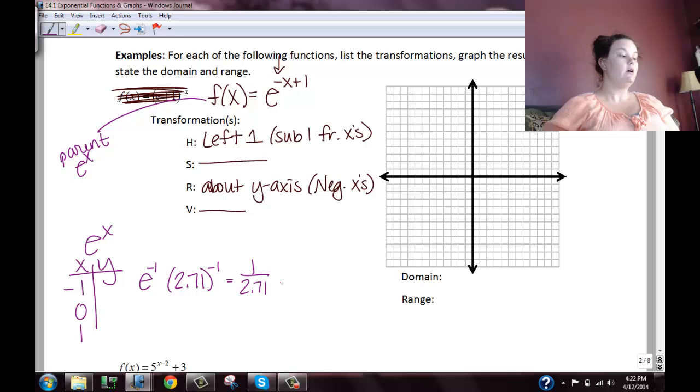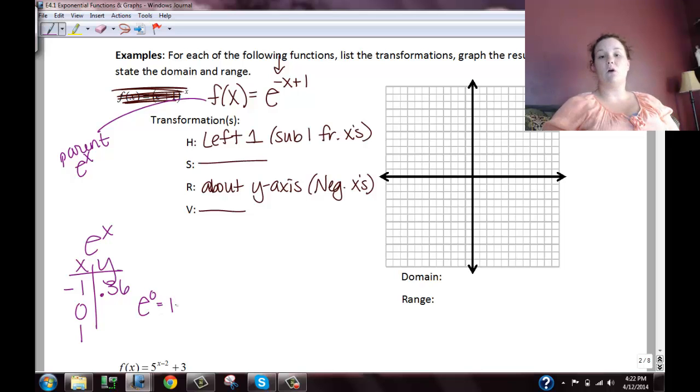And if I divide that out, I'm just going to use an approximation, I get like 0.36, something like that. If I do e to the 0 power, that just gives me 1. Any number raised to the 0 power is 1. And then e to the first power, don't write it as e, because that doesn't help us when we do our transformations. e to the first power is 2.71.